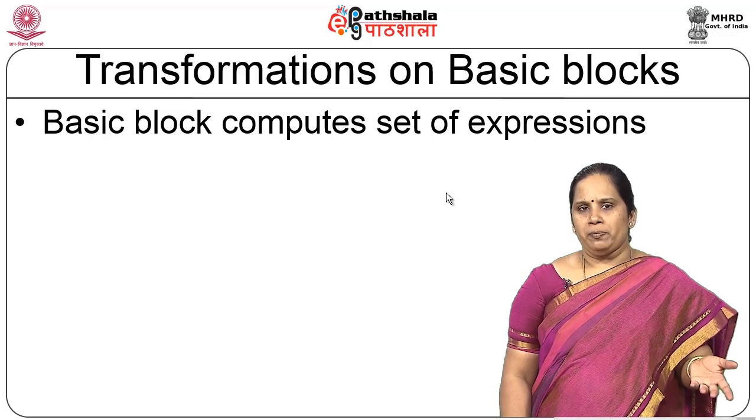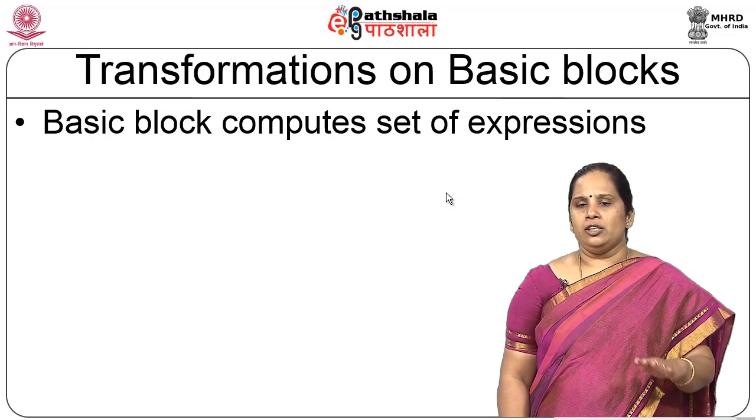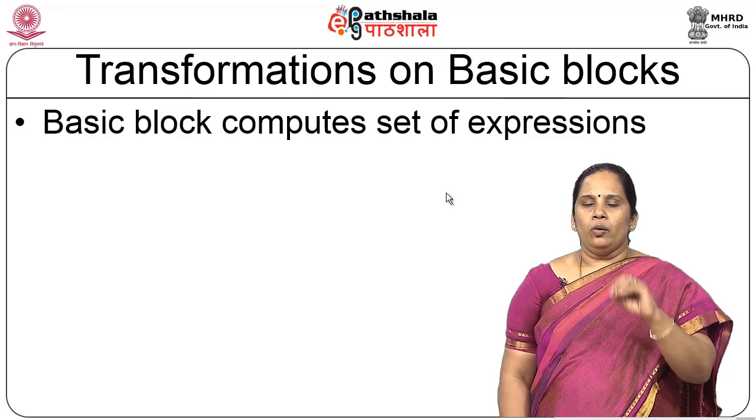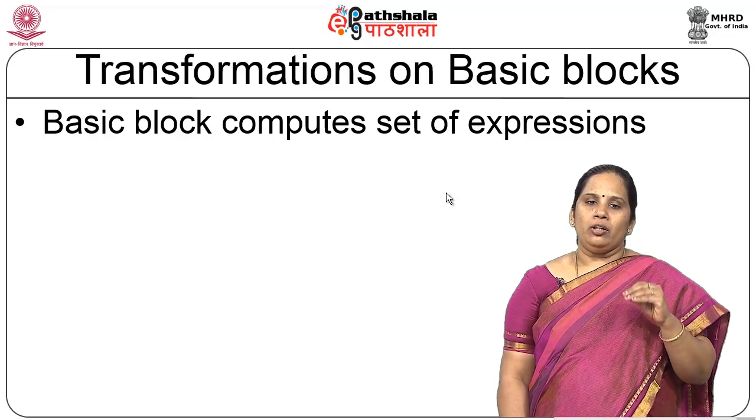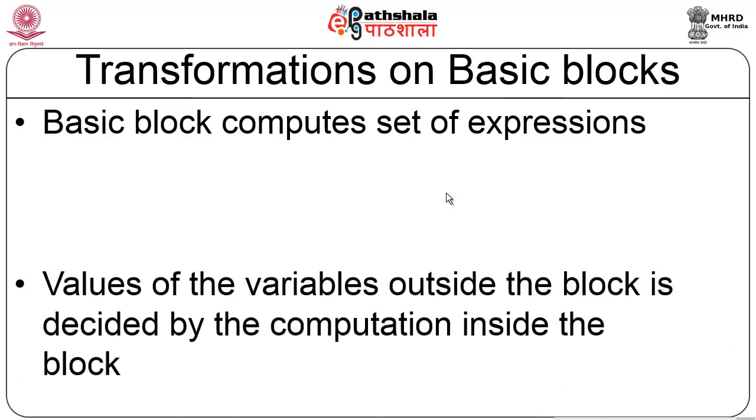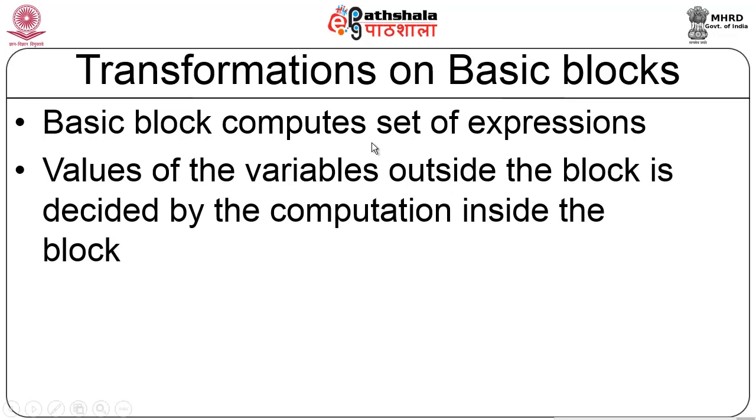One is structure preserving transformation, the other is algebraic transformation. To know that, a basic block can be thought of as one that computes a set of expressions, and the values of the variables outside the block are determined by the computation happening inside the basic block. So whatever you do inside the basic block will decide the value of the variable outside the block.